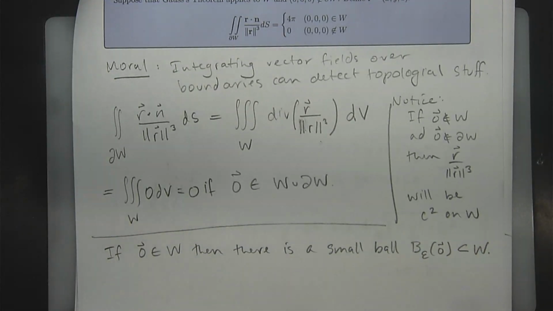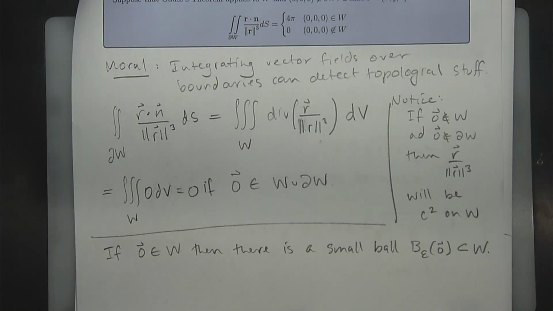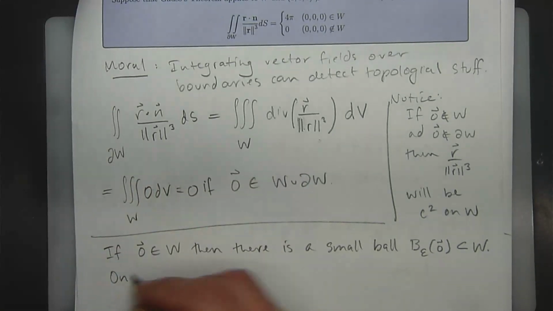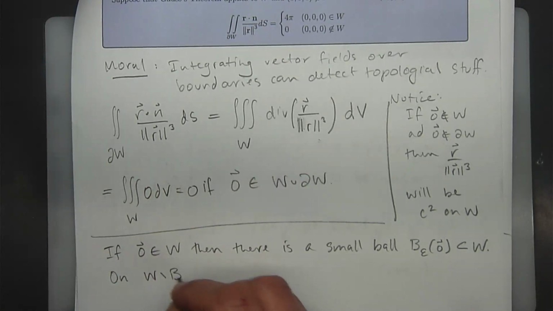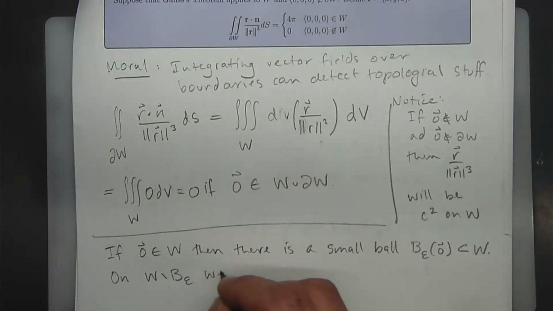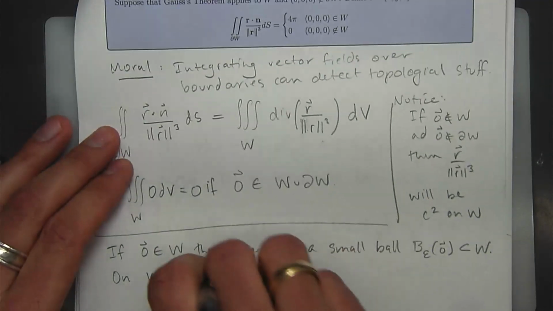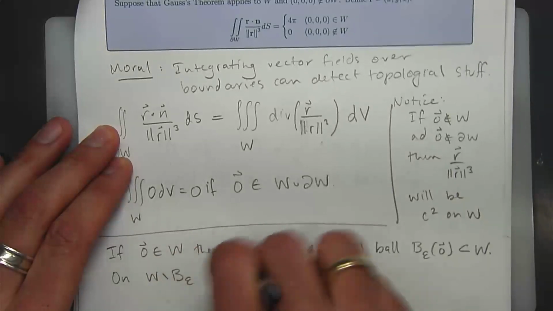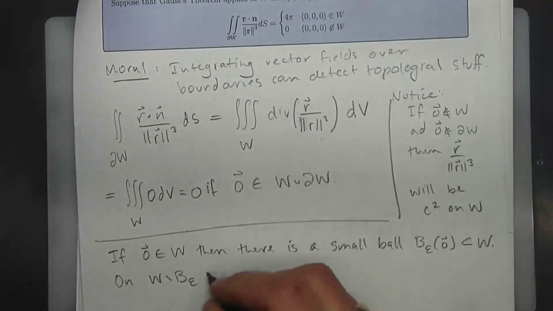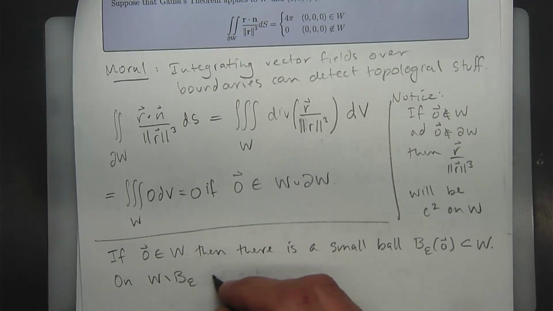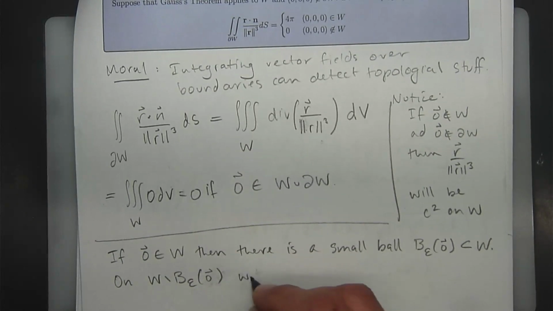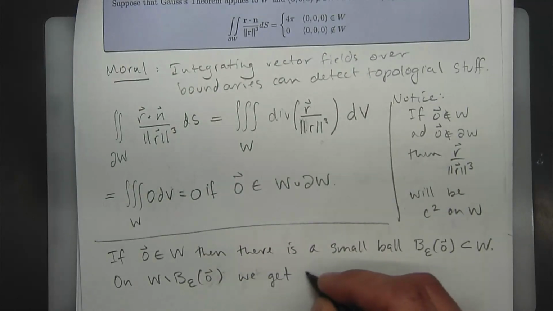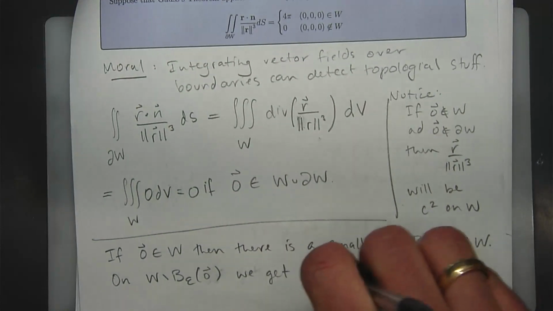So now, if we think about W without that ball, we can use the preceding, or here, I should say.